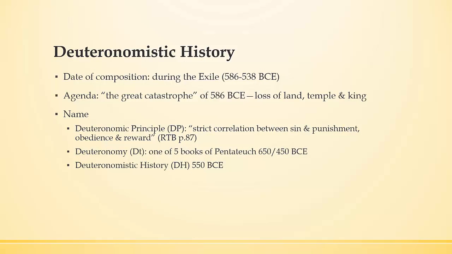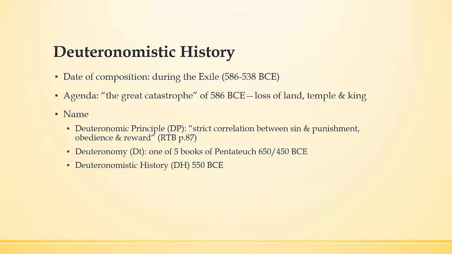So this slide summarizes the Deuteronomistic history, this collection of books put together during the exile between 586 and 538, following the agenda of understanding the great catastrophe of 586, the loss of the land, the temple, and the king.